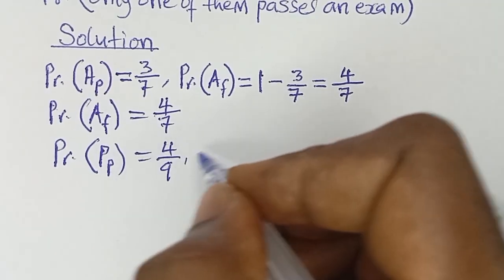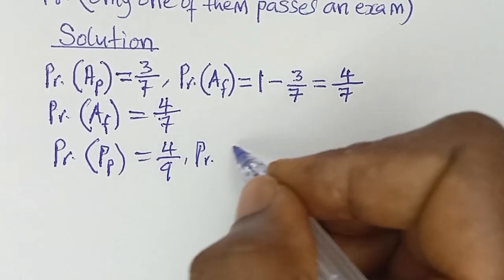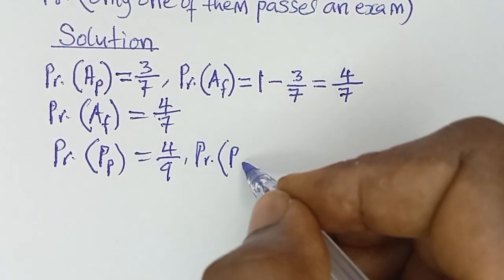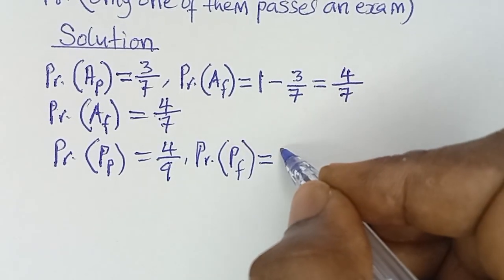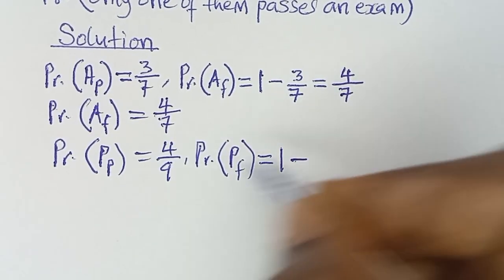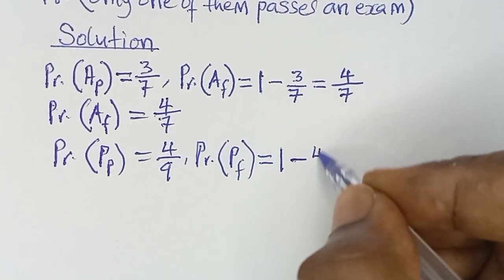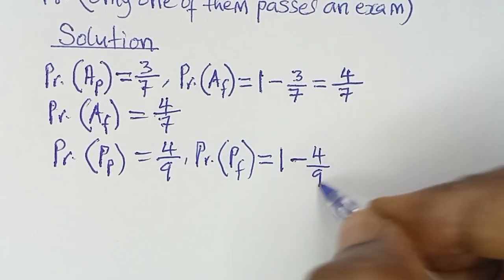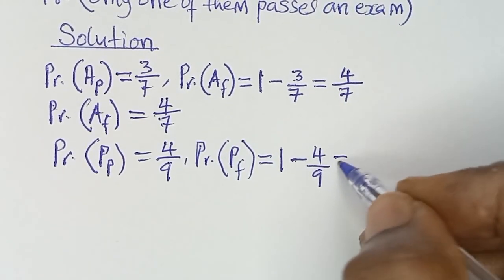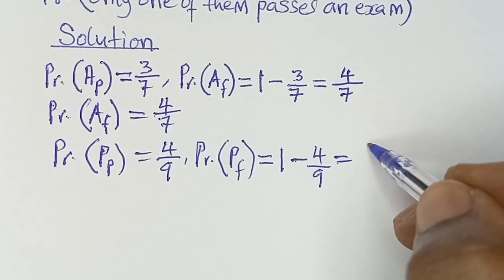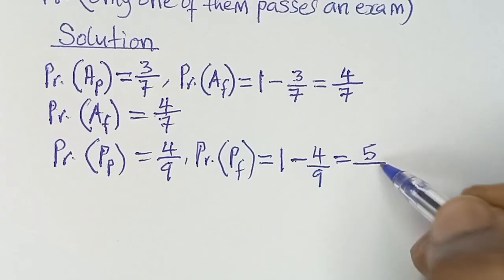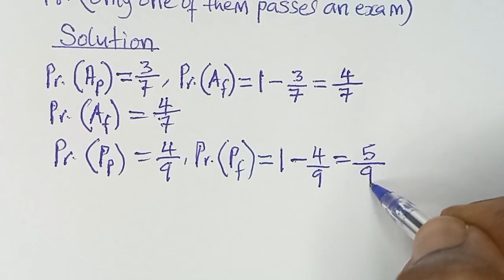So the opposite now, which is the probability that Peter fails the exam, will be one whole number minus 4 over 9, as we did before. And that will give us, as usual, the trick to apply: 9 minus 4 is 5, then all over the 9 there.